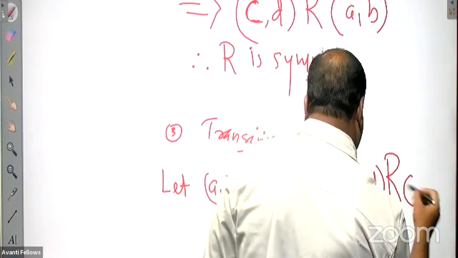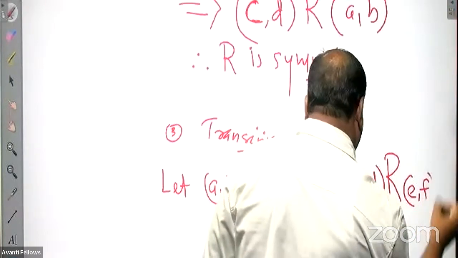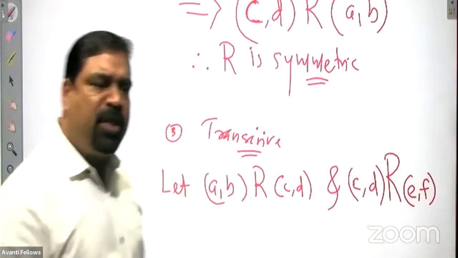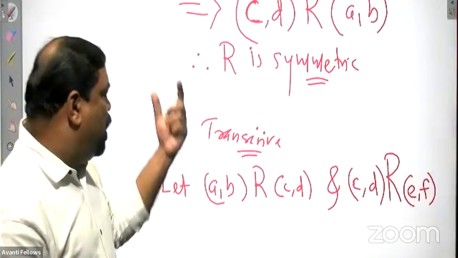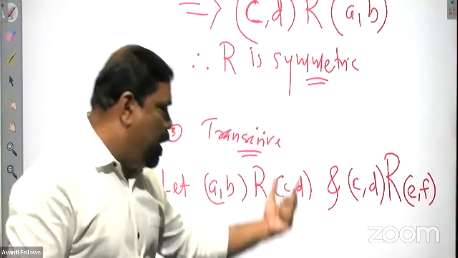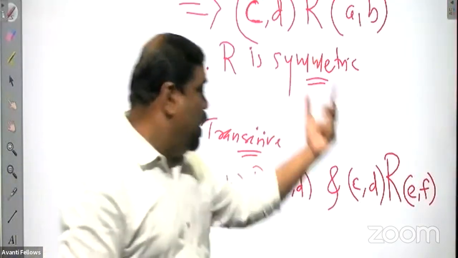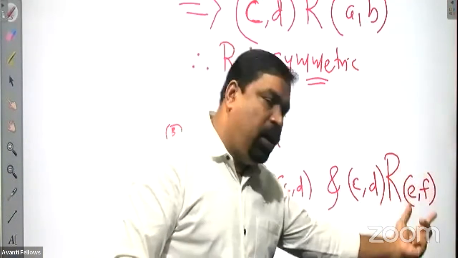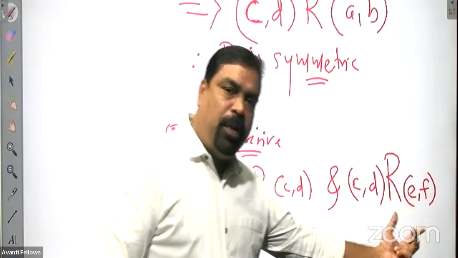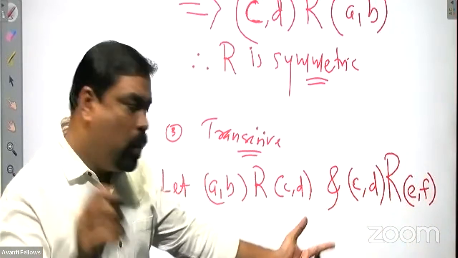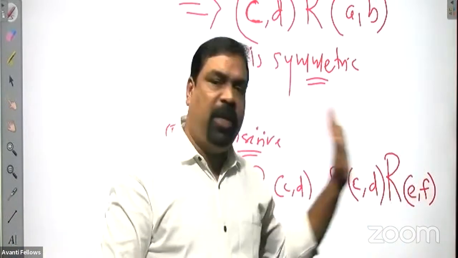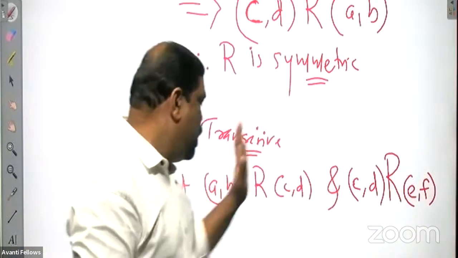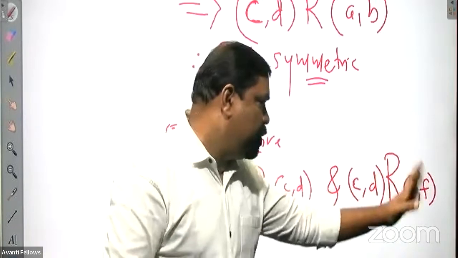Another element you can take EF, XY, anything. All the elements must be ordered pairs only. So we assumed that AB is related to CD and CD is related to EF. Now what we have to prove? AB is related to EF. That is our target.